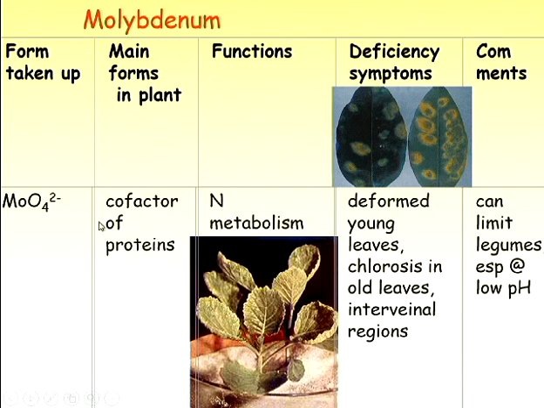Molybdenum is a cofactor of just a few proteins, namely enzymes involved in nitrogen metabolism, in assimilating inorganic nitrogen to organic nitrogen. And there's a special class of plants, the legumes, which have symbiosis with microbes that live in their root nodules. These are the legume plants, the bean family. These microbes that live in their root nodules have a special additional requirement for molybdenum.